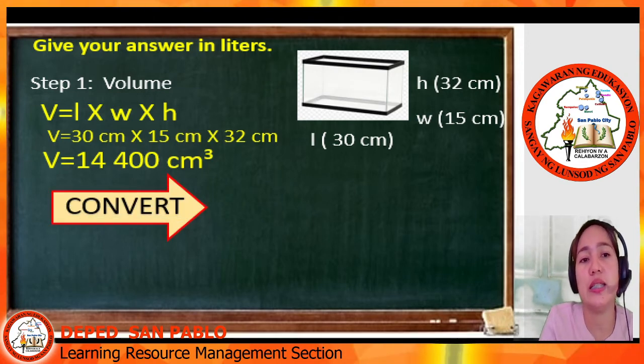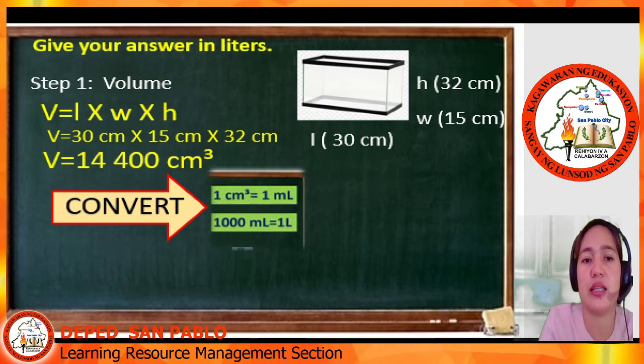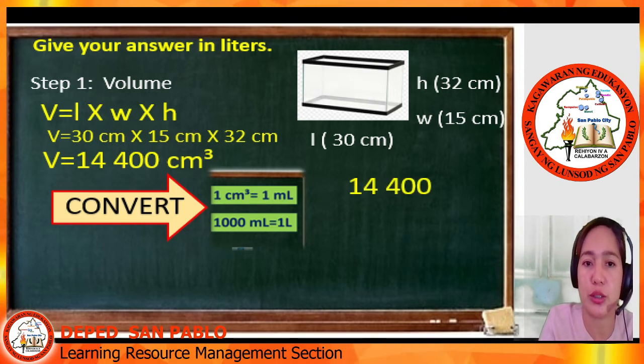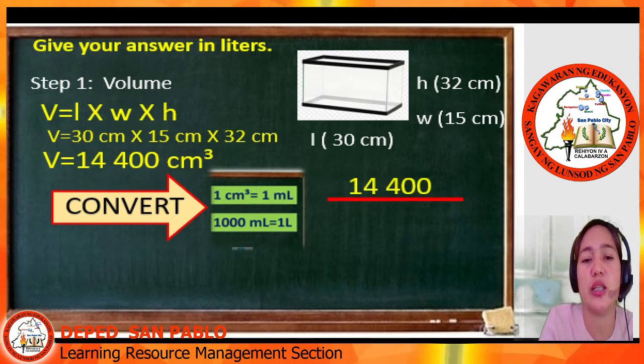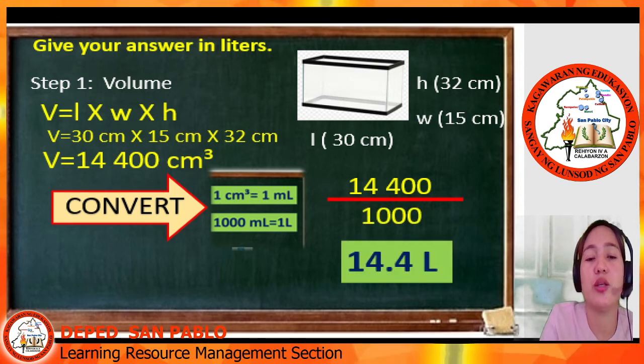Now, the second step is to convert our answer to liters. Again, here is our conversion. For every 1 cubic centimeter, you have 1 milliliter. And of course, 1,000 milliliters will give you 1 liter. 14,400 divided by 1,000 is 14.4 liters.